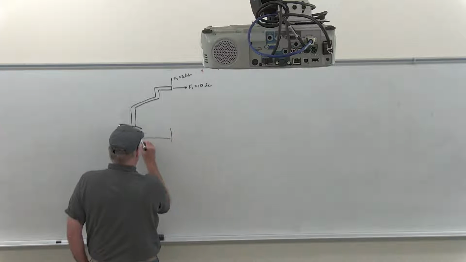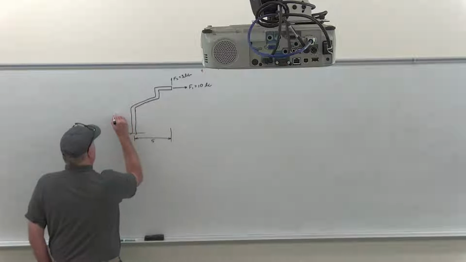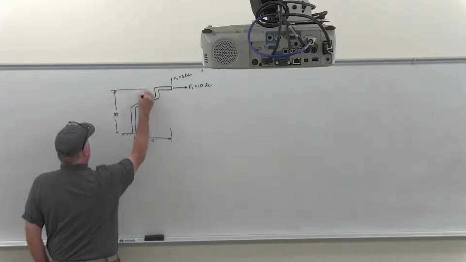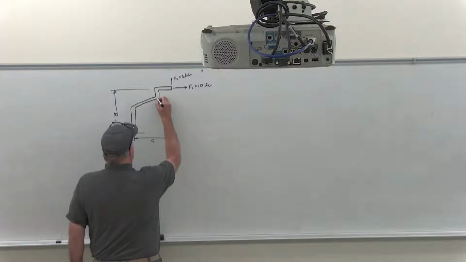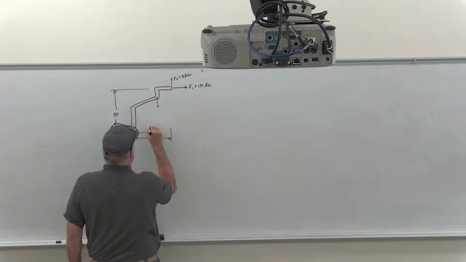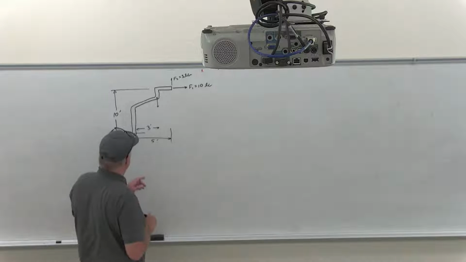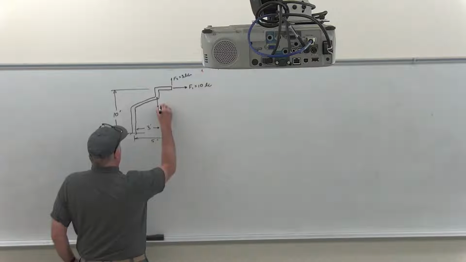Let's say this distance is 5, and this distance maybe is 10. And to throw a curve in here, somebody pulled it straight down here, and this was 3 feet across, so these are all feet. And somebody says, what's the moment produced by this? Let's focus on this one first.